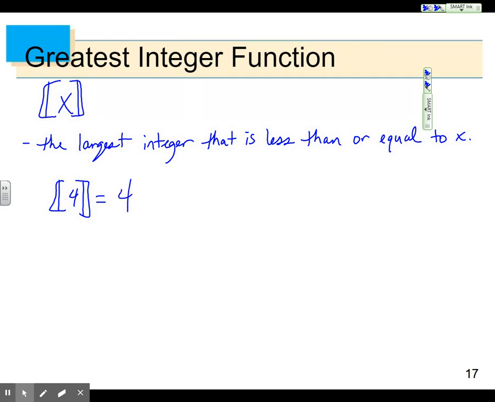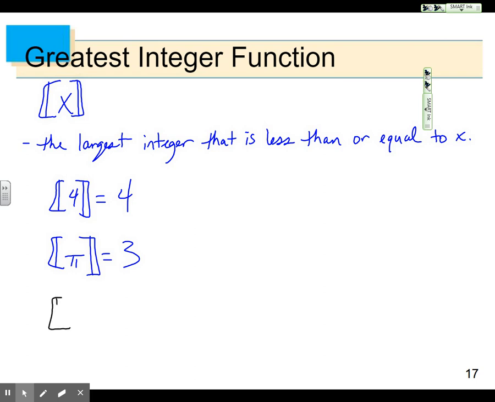Okay. What about if I do pi? It's making me hungry. So we know pi is 3.1415, whatever it is, a decimal that goes on forever. And so if I'm doing pi on this, the largest integer that is less than pi would be 3. And that would be the answer. And so it's not too hard to work, is it?